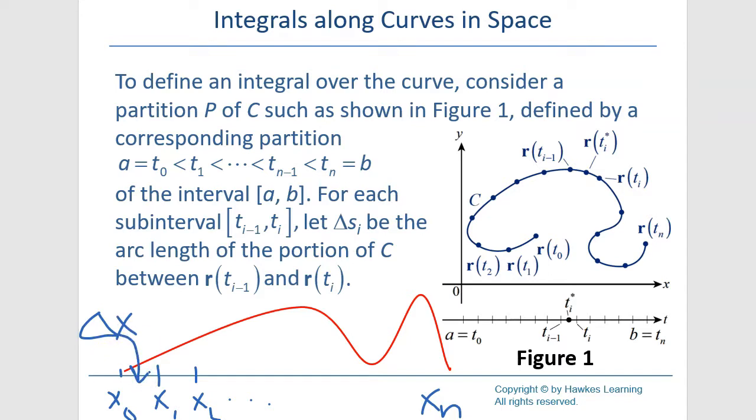Typically we did it uniform, though it didn't have to be uniform. And what did you do? You used the height, either on the left end, the right end, or at the midpoint to represent the rectangle underneath. So this is Riemann sums in Calculus 1.